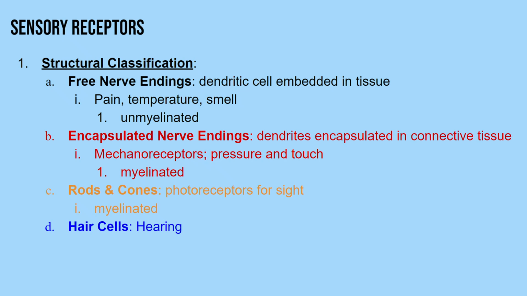And then you have hair cells in your ear for hearing. The hair cells in your ear basically sense the vibrations of auditory speech, and then they vibrate, and that sends signals to other neurons that then transmit the signal to your brain. So that's how that works.